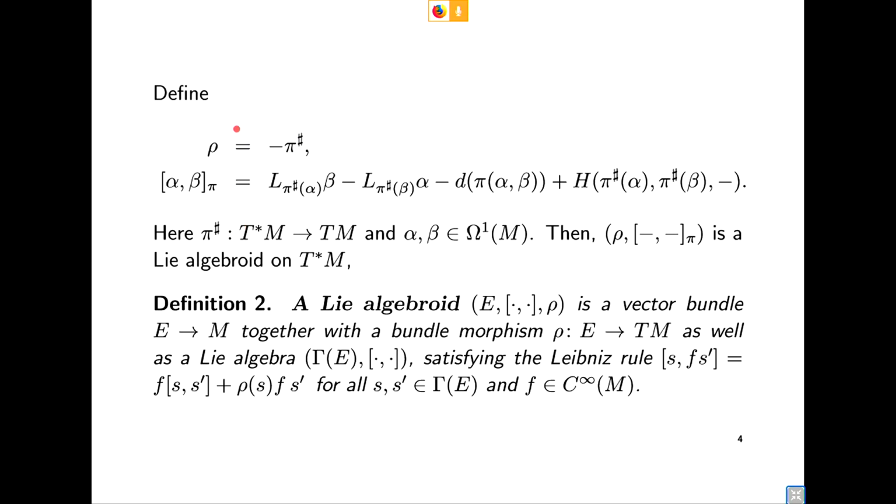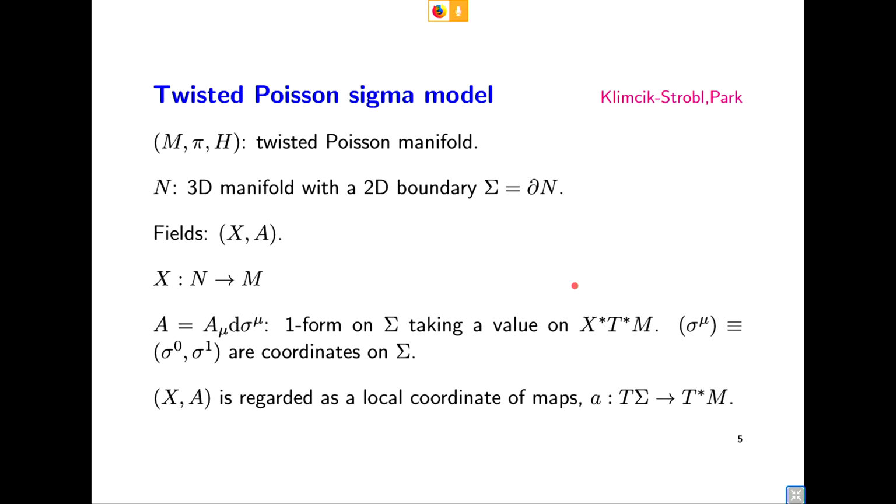If we define the operations like this from the twisted Poisson structure, we obtain a Lie algebroid structure on T*M.